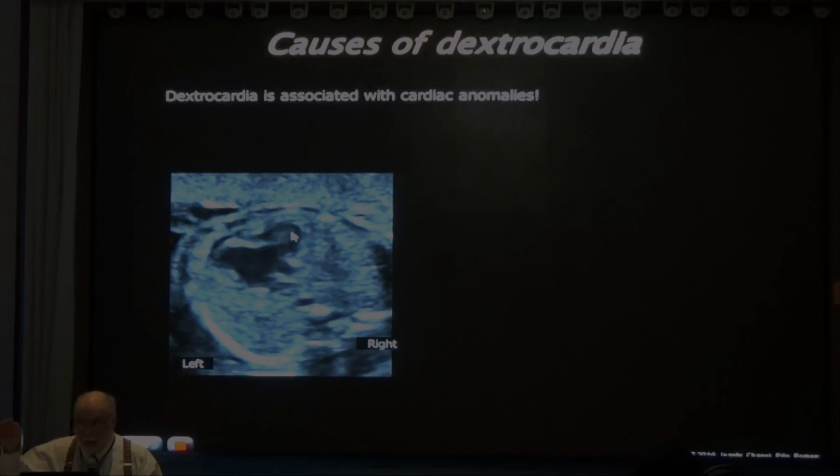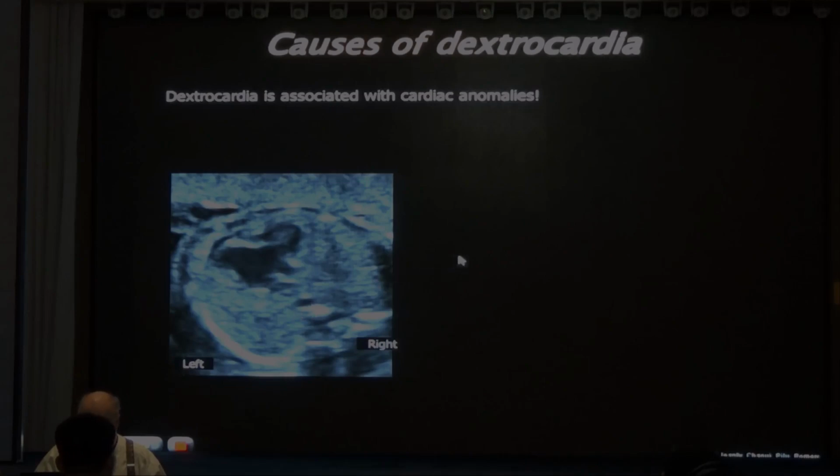So the heart is on the right side, the apex is on the right side, 2 cardiac chambers. What else is abnormal in this view? Anything abnormal? I told you to look at everything on the film. How about the descending aorta? Is it a normal descending aorta? No, it's in the middle. It should be on the left side, it's in the middle.